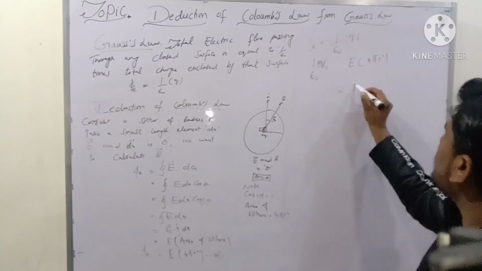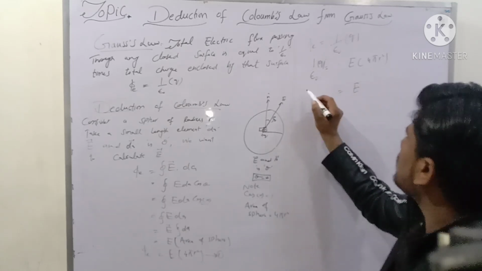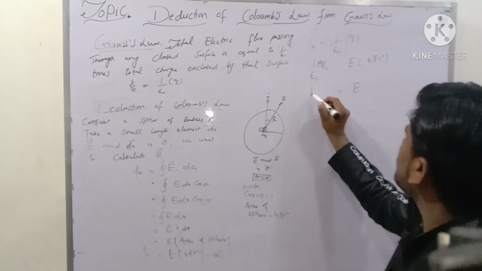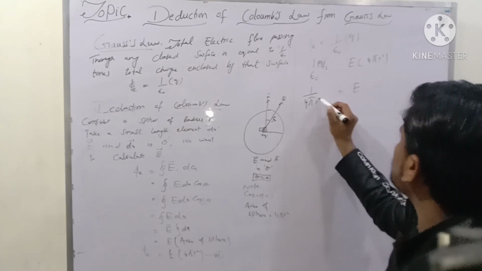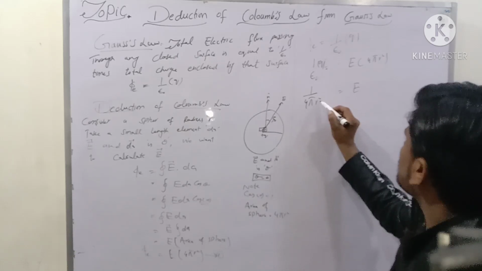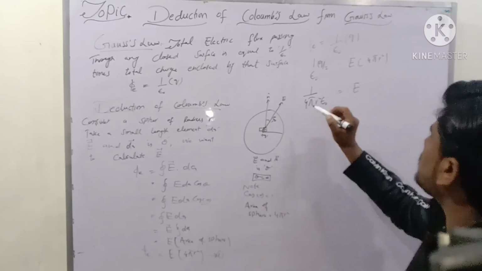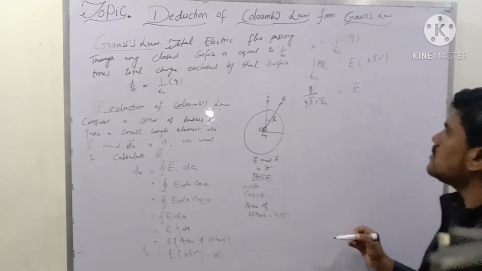Here the electric field intensity E is multiplied by 4 pi r square, so we can divide. E is equal to Q over 4 pi r square into epsilon naught.